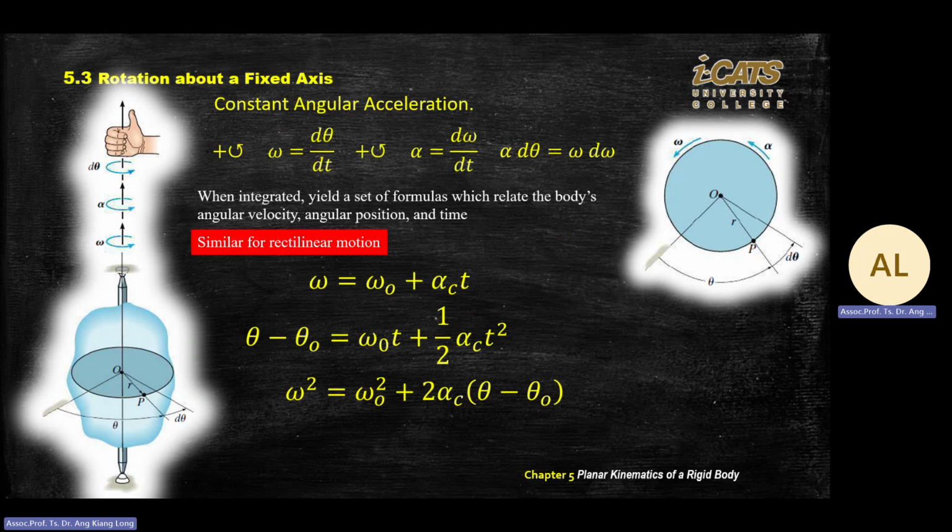Okay, you'll be seeing these chapter 1, 2, 3 equations in your retest, so make sure you can recall this. The third equation is also the same. V square equal to VO square plus 2A delta S, or S minus SO. It's the same. So you just need to replace S with theta, V with omega, A with alpha.